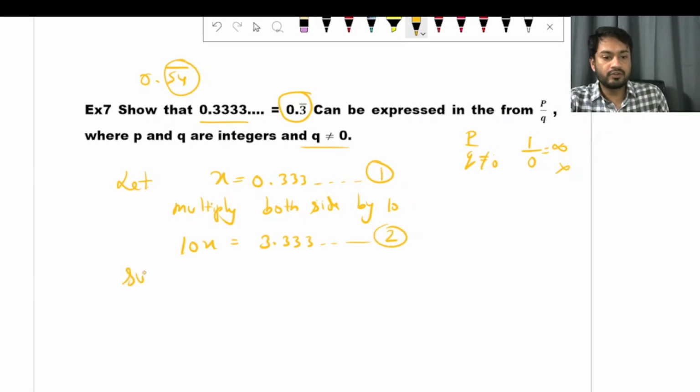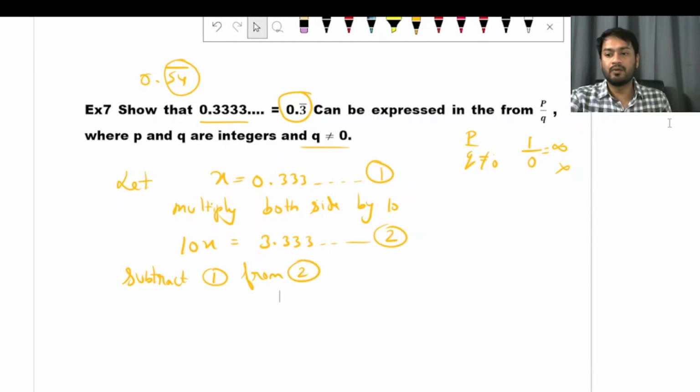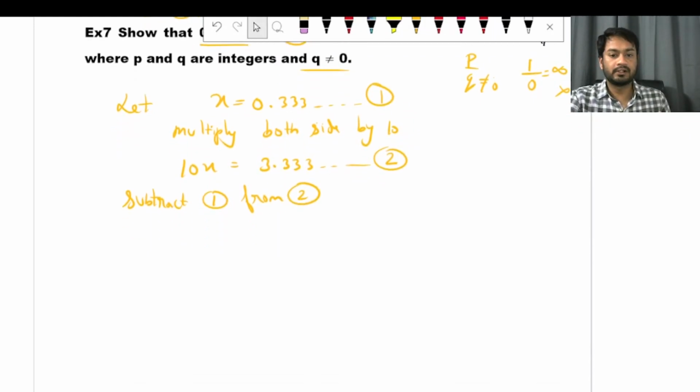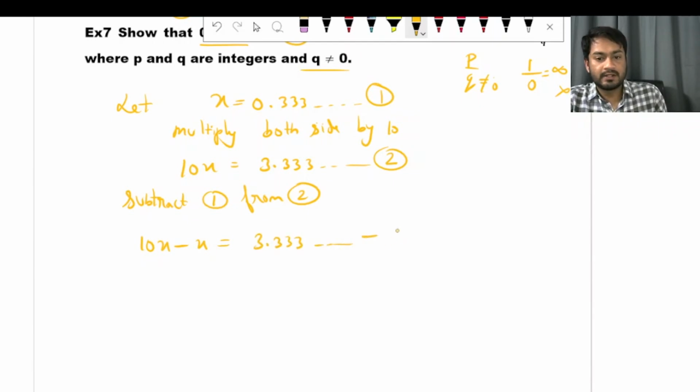Now you need to subtract the first from the second, right students? I hope it is simple. Till now it is easy. So I will write 10x minus x is equal to 3.333 dash dash minus 0.333 dash dash. That is the continuation.